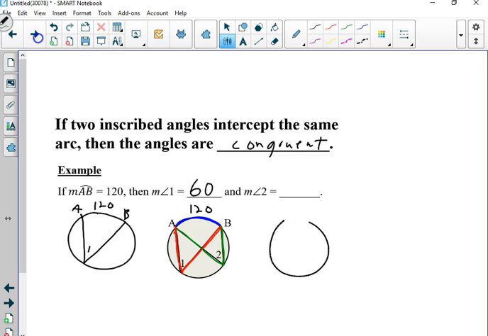And again, you come over here and you put 2 and you put AB, and that's 120, and that would be 60. That's why they're the same. That's why they're congruent. So if it helps you separate them into 2 different drawings, go for it until you understand it well.